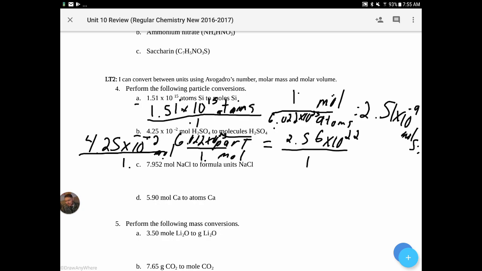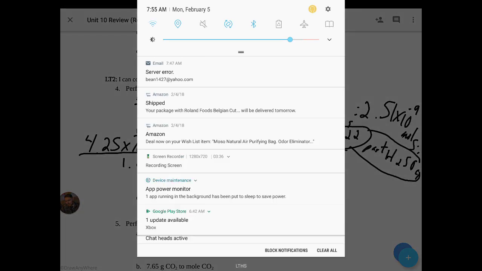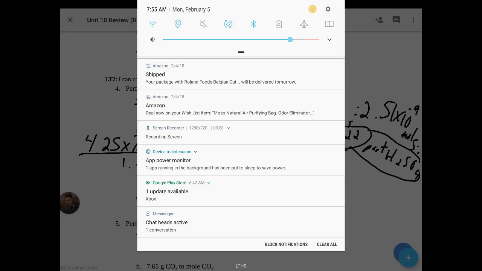So we get our final answer of 2.56 times 10 to the 22nd molecules, so particles of H2SO4. Okay, so we include that in our circle. And there we go. That is how we do mole conversions with particles.